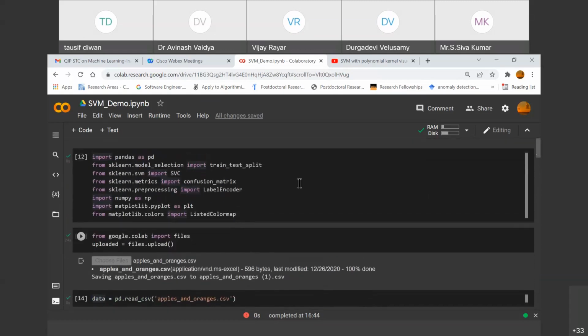Is it clear? Any doubt from the lecture or from this demo? We had seen SVM, then the functional margin, geometric margin, then the optimal margin classifier.